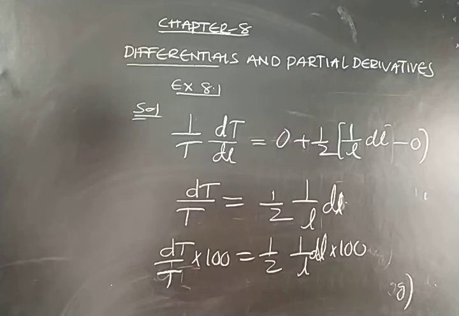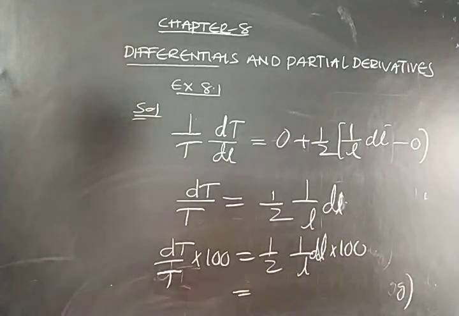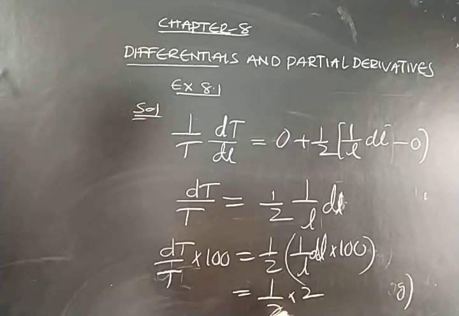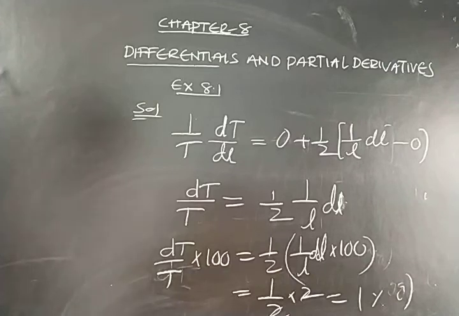Already we are given the percentage error in L. What is the percentage error in L? It is given as 2. So 2 cancels, this is 1%.